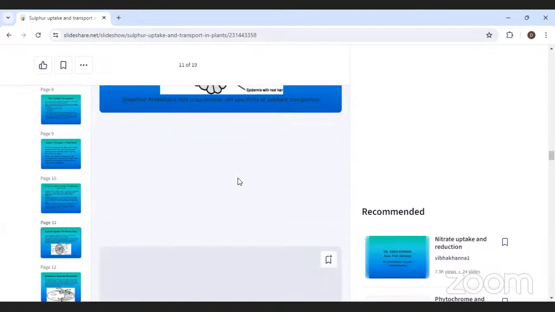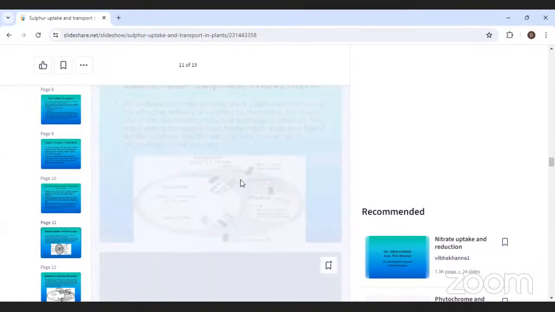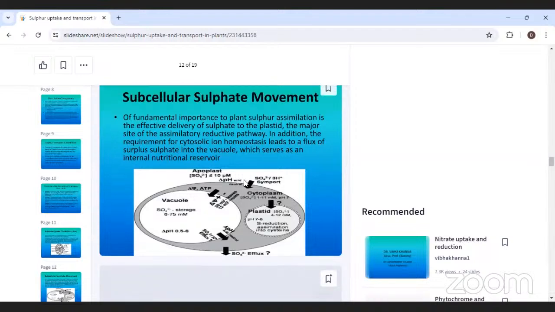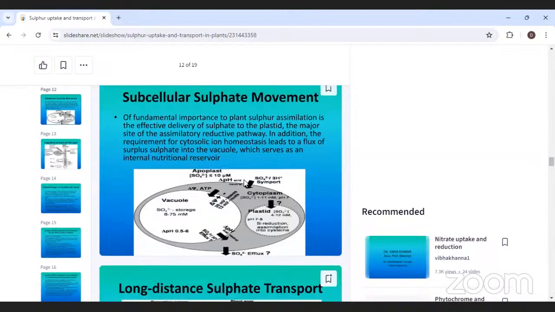How does the reduction of sulfate occur? The reduction of APS takes place in the plastid. APS reductase transfers two electrons from reduced glutathione to produce sulfite.